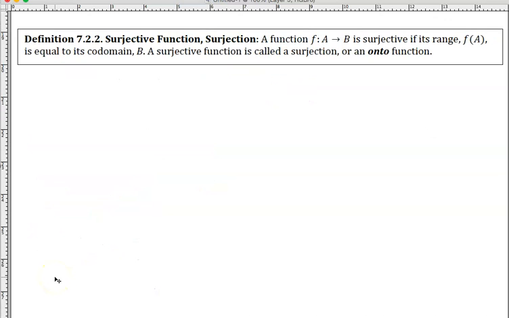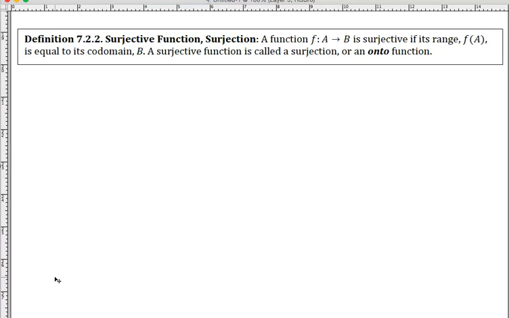My next definition is a surjective function, or a surjection. A function is surjective if its range is equal to its codomain. This is called an onto function. In algebra or pre-calc, you might have encountered onto functions. This is not widely discussed in a regular algebra or pre-calc class, but some of you might have heard of it.